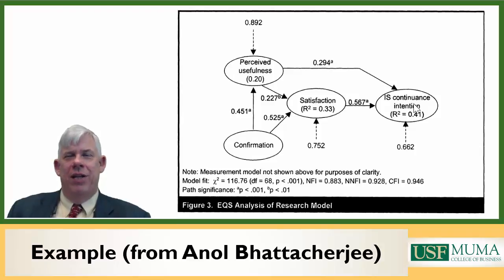Satisfaction contributes to our intention to continue to use, and perceived usefulness contributes directly to our intention to continue using. And satisfaction would be an example of a latent variable. We don't necessarily have a direct measure of satisfaction. So as a consequence, this is the overall model.